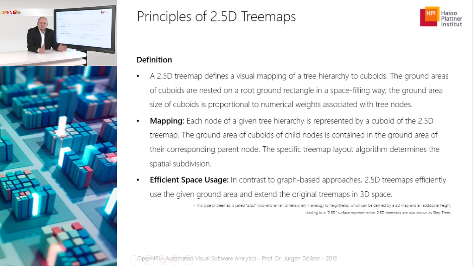We have a strong 2-dimensional base and a third dimension, but there's only one height value possible for each element of this 2-dimensional ground. For that reason, it's called 2.5-dimensional.